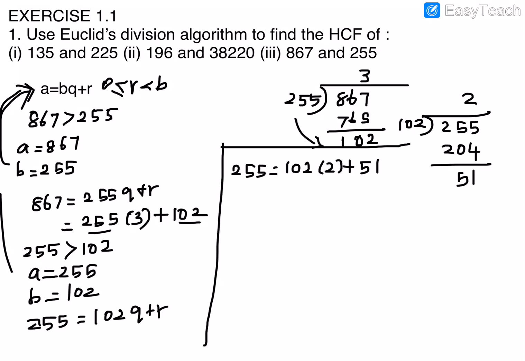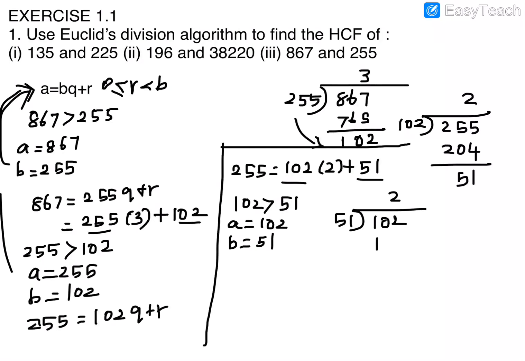255 equals 102 into 2 plus 51. So this time compare these two. 102 is greater than 51. So A equals 102, B equals 51. Let's perform the long division. 2 51s are 102 and we get 0 as a remainder. So the whole process ends here.